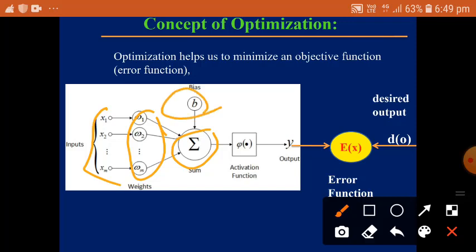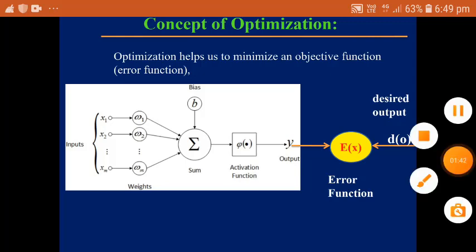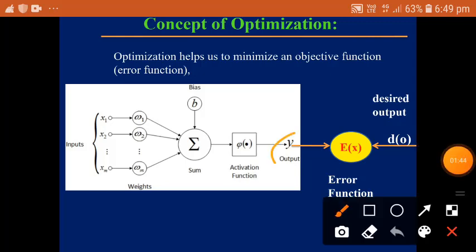Here we will get x1 w1 plus x2 w2 plus x3 w3 and so on up to xm wm. Whatever the y in is, we give to the activation function. This summation unit will be given to the activation function, and thereby we will get the output.